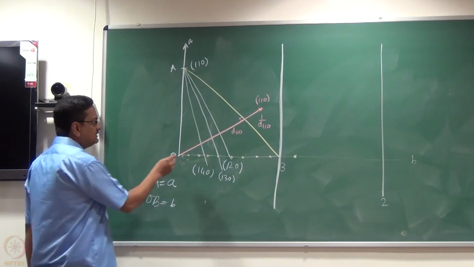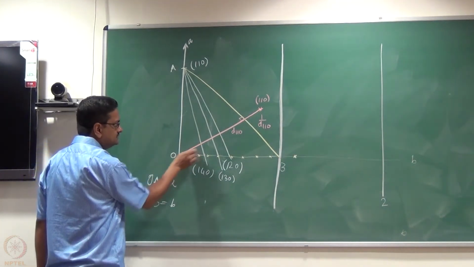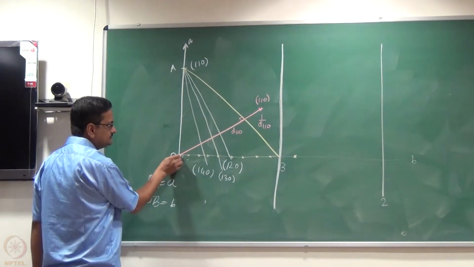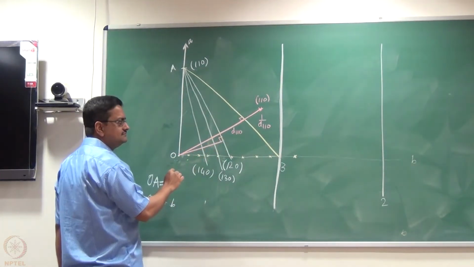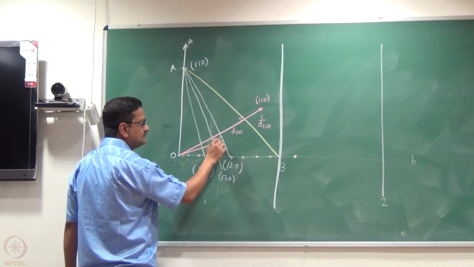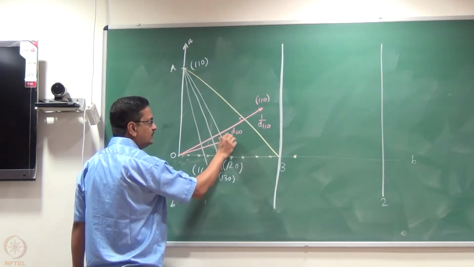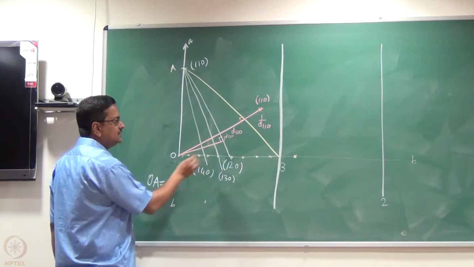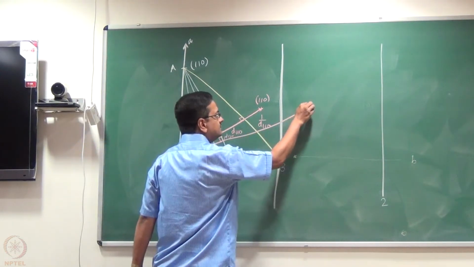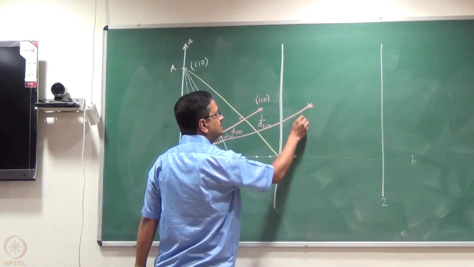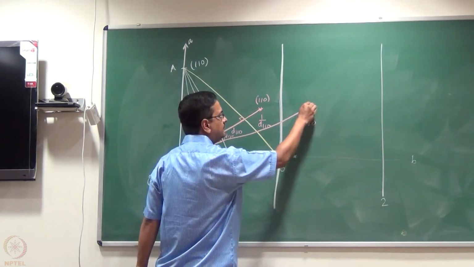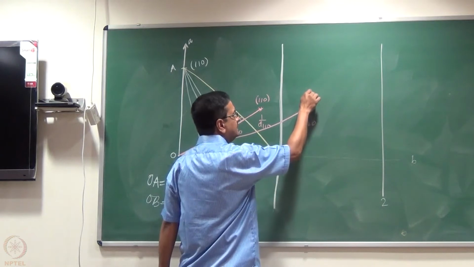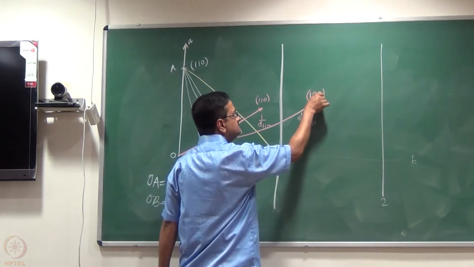Now I draw perpendicular from here to this. What is that distance? D120. I cut it at a distance 1 by D120 and it falls here. Mark this point as 120.